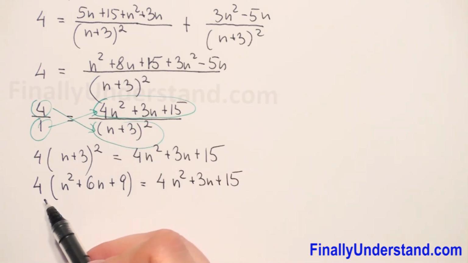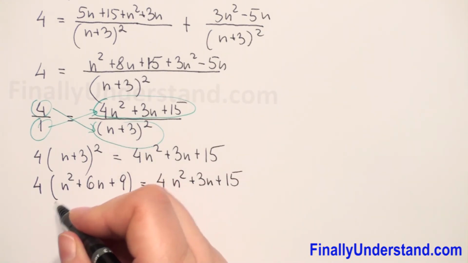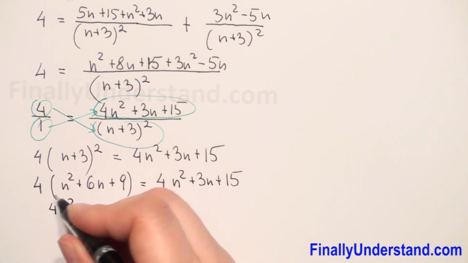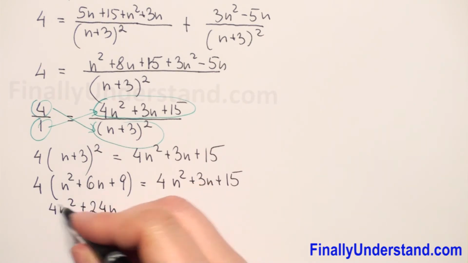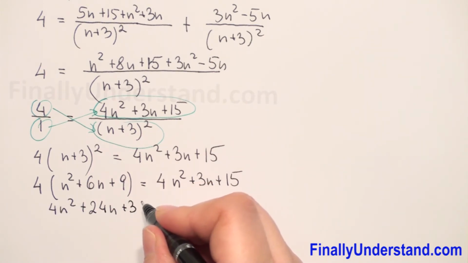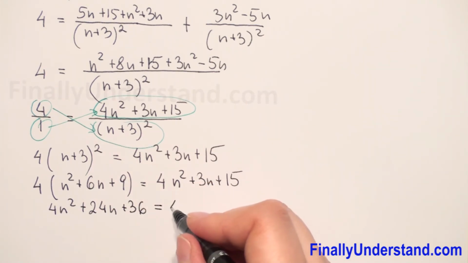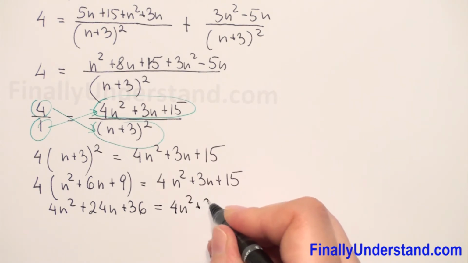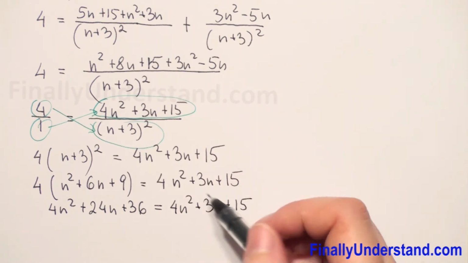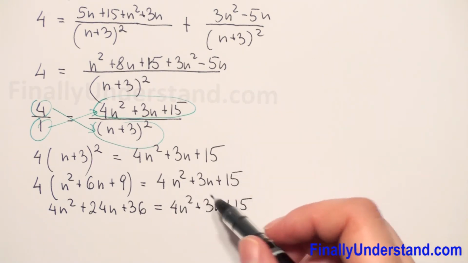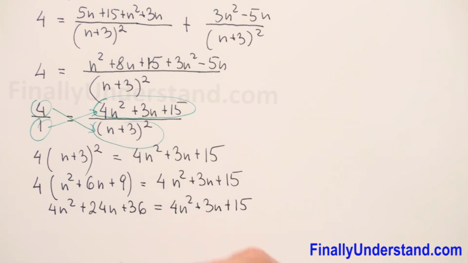And next we have to multiply every expression in parentheses by 4. So 4 times n squared is 4n squared, 4 times 6n is 24n, and 4 times 9 is 36. This is equal to 4n squared plus 3n plus 15. Next, I will move our expressions with n to the left side.